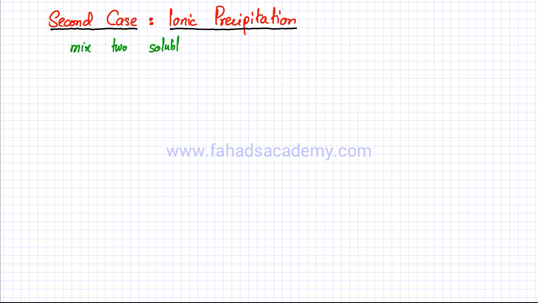So whenever you mix two soluble acids, bases, or salts, and this case specifically applies to cases where they do not react together. So you're going to mix any two soluble acids, bases, or salts which don't react together.